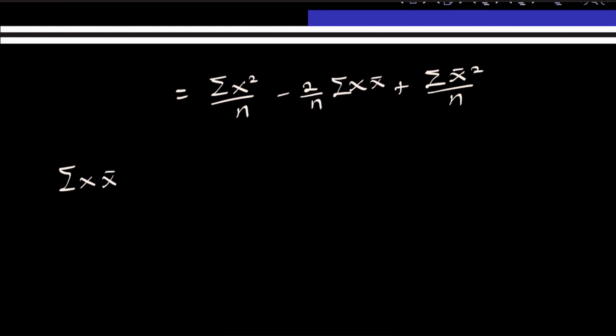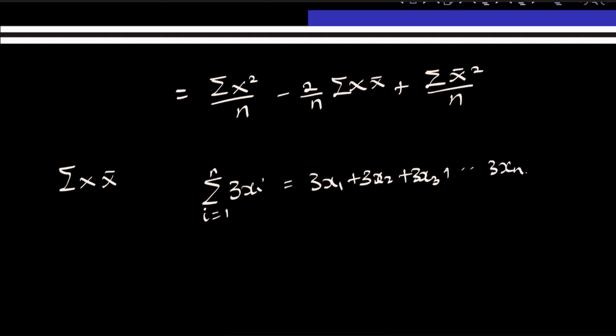Here we should know that the mean is a constant, right? That's a fixed number. Suppose we are finding the sum of summation 3xi, i running from 1 to n. So we are going to have 3x1 plus 3x2 plus 3x3 till we get to 3xn, right? So we have 3 here, 3 here, 3 here, 3 here also.